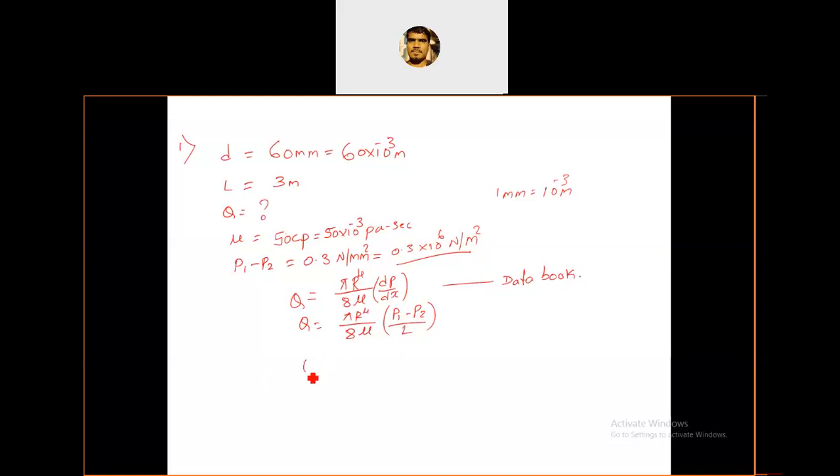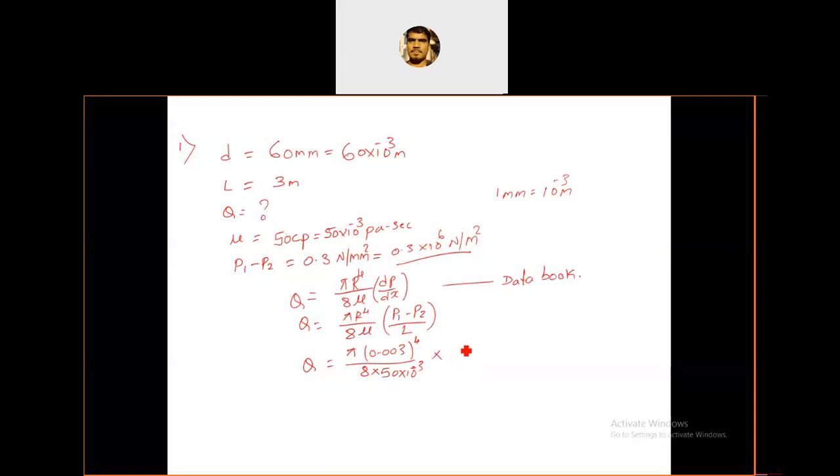Here Q is the unknown, and r is half of the diameter, that is 0.03, to the power of 4, divided by 8. Mu value is 50 centipoise, that is 50 into 10 raised to minus 3.